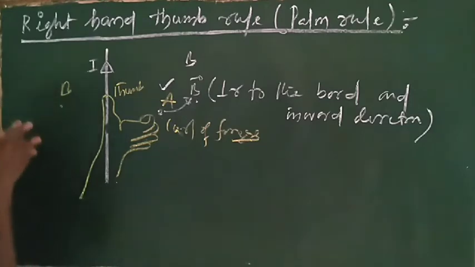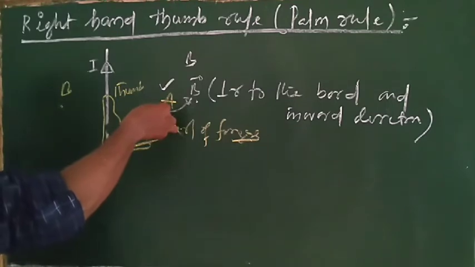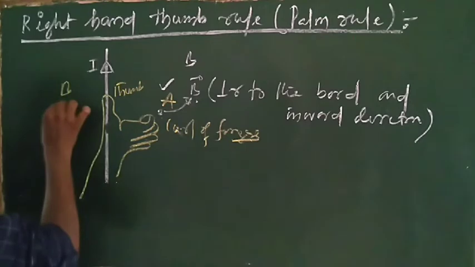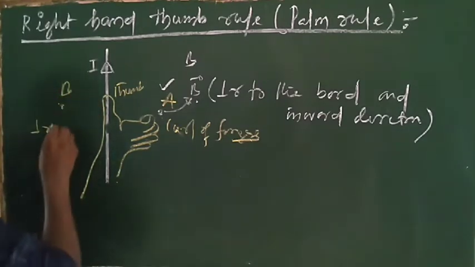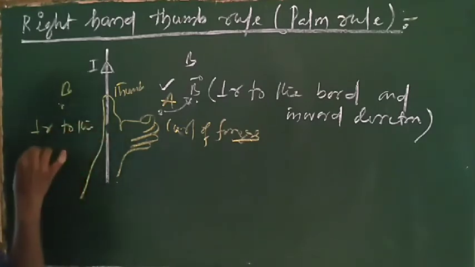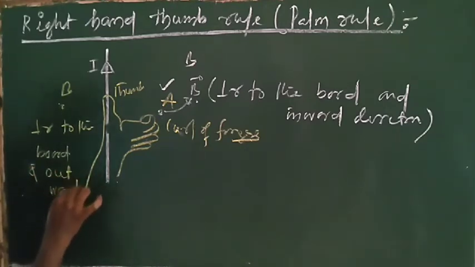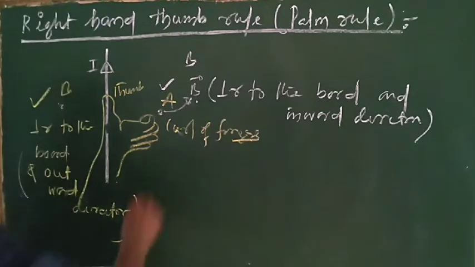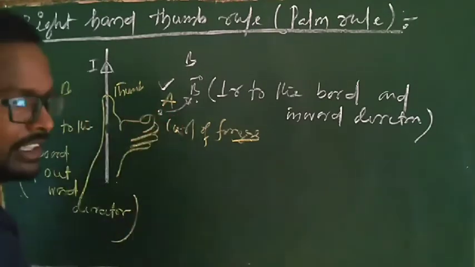This is the direction of magnetic field at point A, and this is the direction at point B. So the direction of magnetic field is perpendicular to this board. For point A, this is inward direction. For point B, this is outward direction.